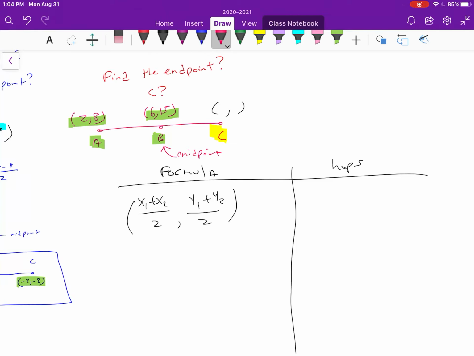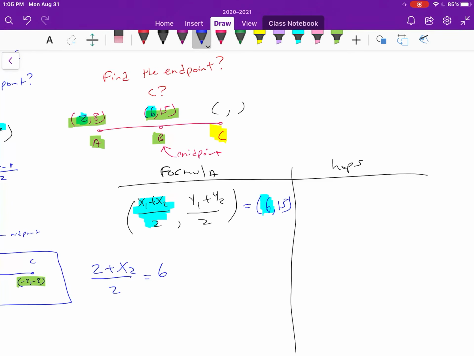Okay. And ideally that's how some of the problems will be. So when you're given this, you have to be able to use that midpoint, and you have to match up with what you're given. I'm given 2 and 6 in this case. So I'm going to place 2 plus x2 divided by 2, and this will be equal to 6 comma 15. So now I'm focusing on this and this matchup. So this will be 6.